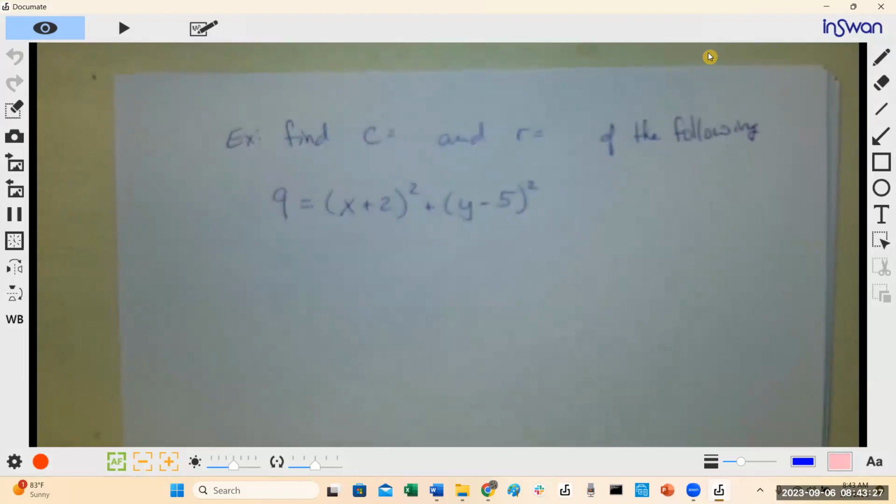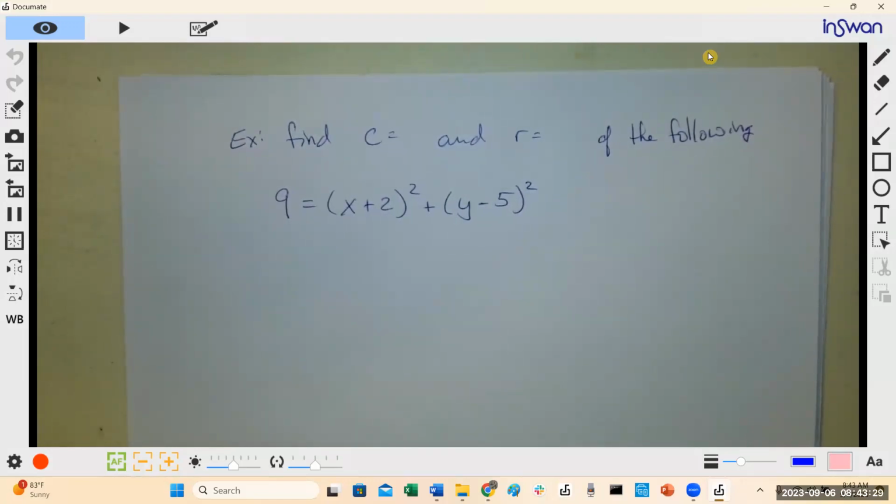Now remember, it's all based down to formulas.